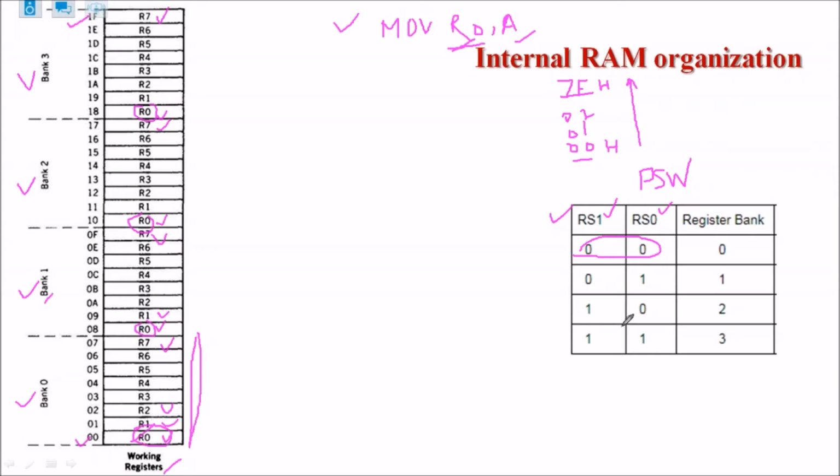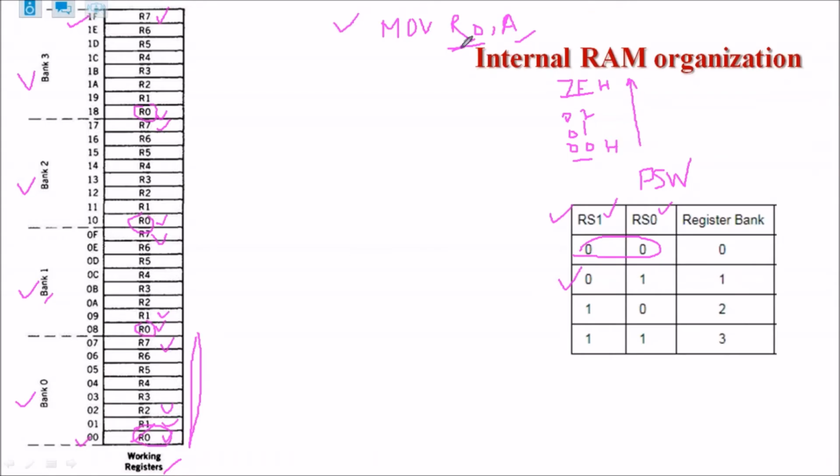We generally won't change the bank. We use R0 to R7 of bank 0. But you can change it by changing these 2 bits of the PSW register, using an instruction. But by default, these registers are from bank 0.